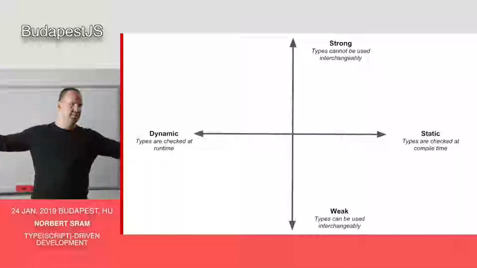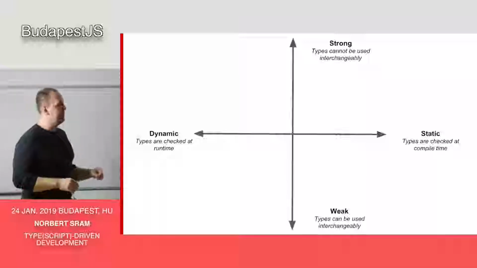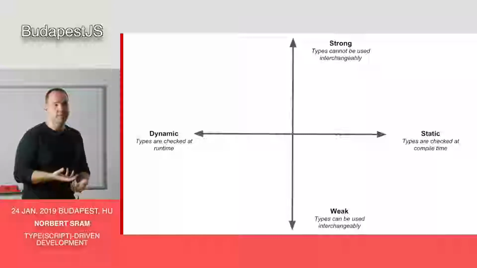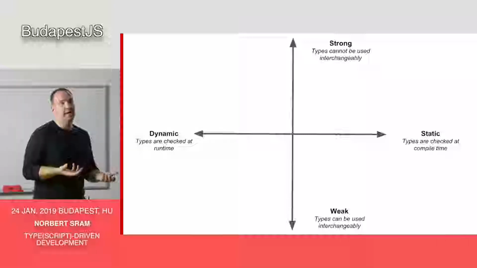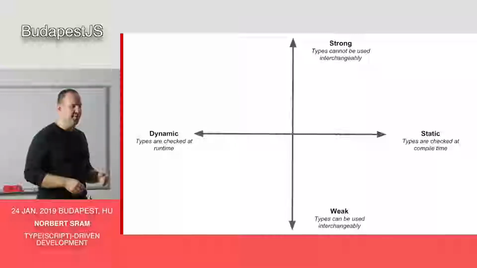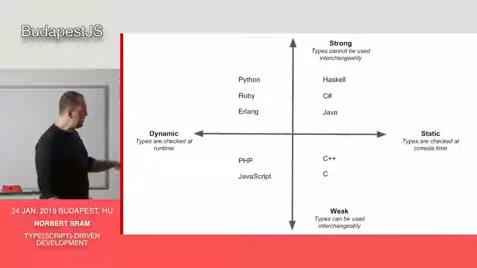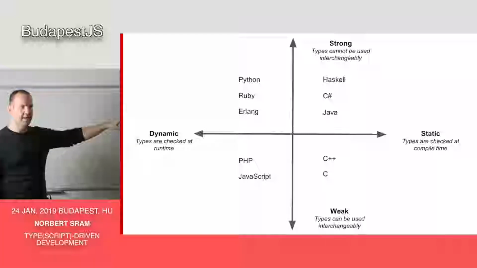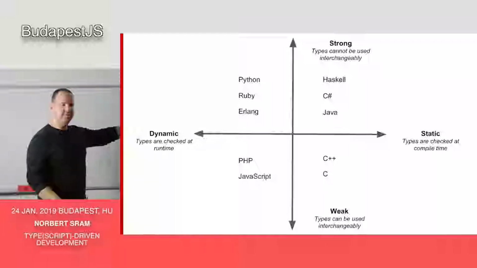Those are the two big ones. And when it comes to how interchangeable types are, it can be very interchangeable, yay, JavaScript, or not so much at all. If we sprinkle some mainstream languages here, you will roughly see the categories.